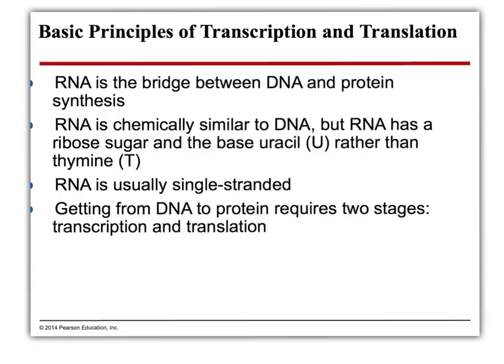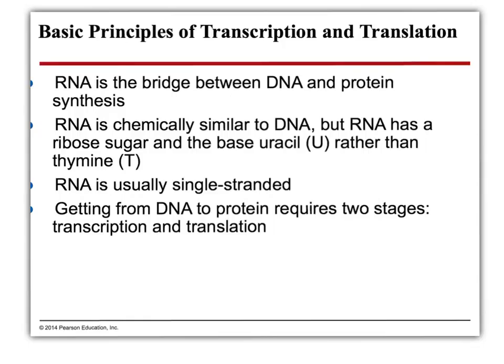What else is different in RNA from DNA? What doesn't it have? Thymine. It doesn't have thymine. It has what instead? Uracil. Single-stranded, right? Uracil instead of thymine, ribose as the 5-carbon sugar.